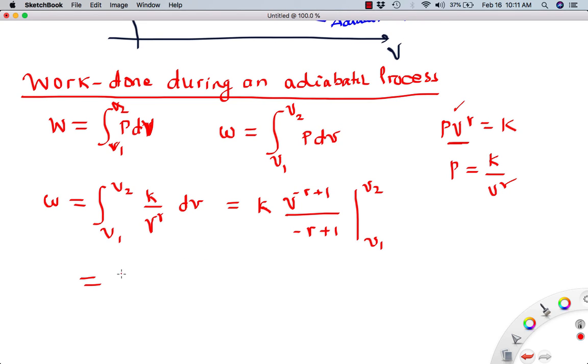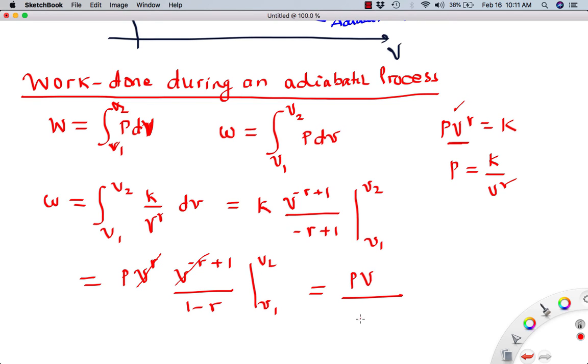So we can write this as P V^gamma times V^(negative gamma plus 1) over 1 minus gamma, from V1 to V2. So this V^gamma and this V^(negative gamma) cancel, and we have V to the power 1 left, so that's PV over 1 minus gamma, and our limit is from V1 to V2.